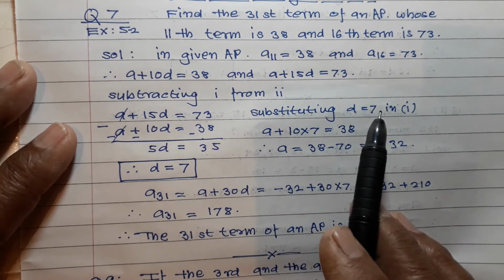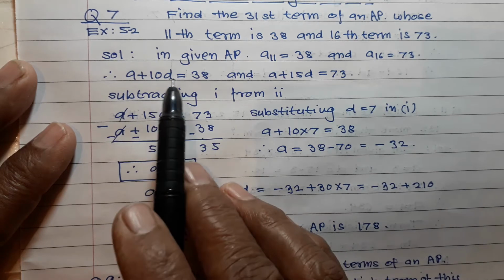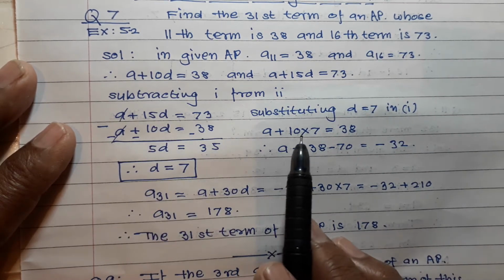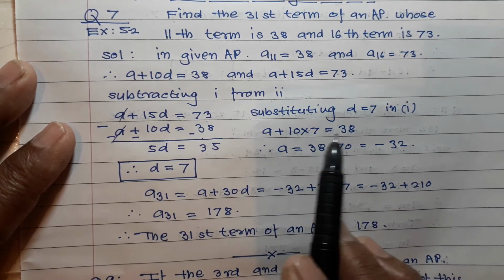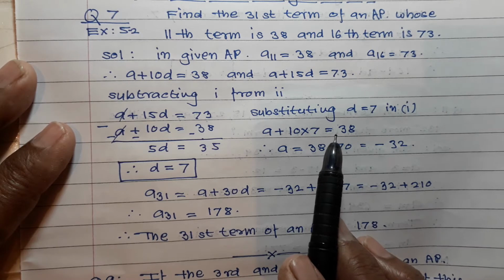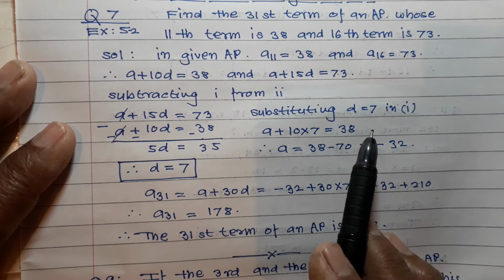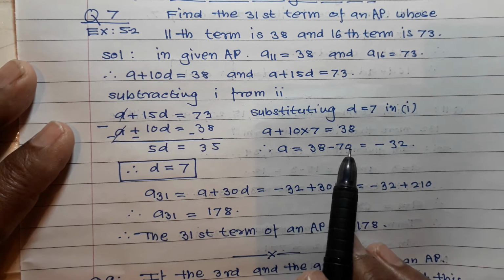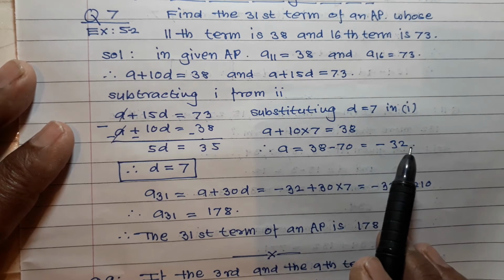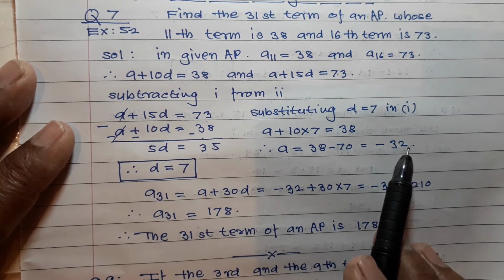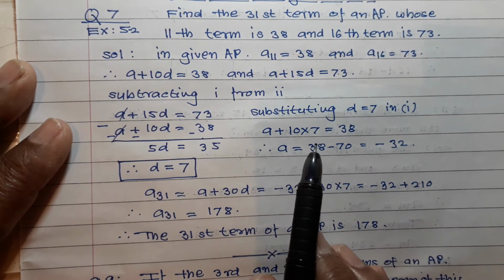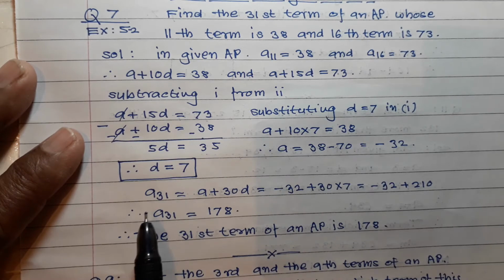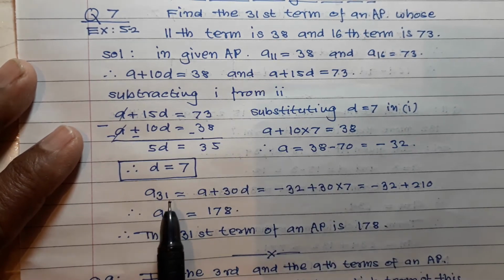Substituting D is equal to 7 in equation number 1, A plus 10 into 7 is equal to 38, and therefore A is equal to 38 minus 70, which is minus 32. Now you know A and you know D, and therefore you can find A31.